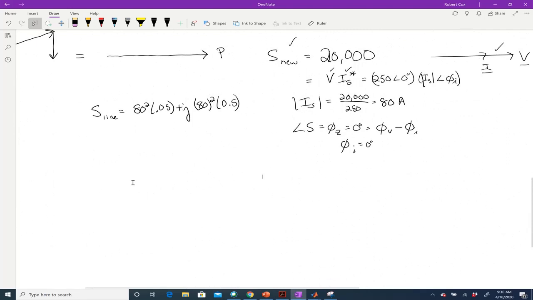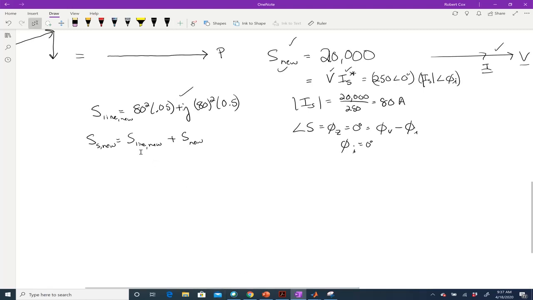And so I can say that S source new, now that I have this capacitor, is my S line, and maybe I should call it S line new, plus S loads, or what I just called S new. So I add this and this to get my total source.